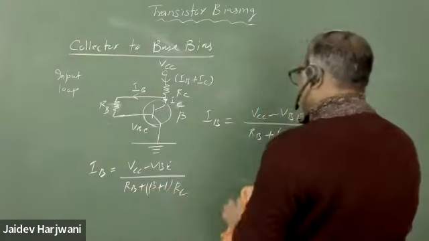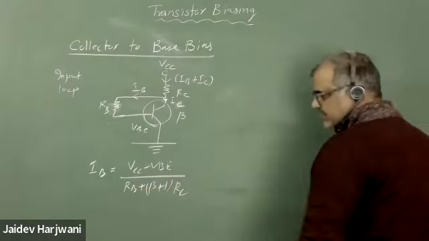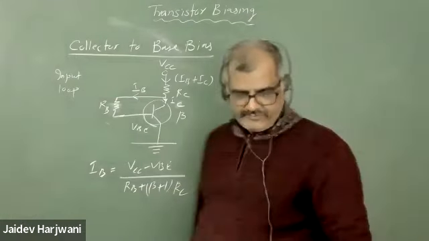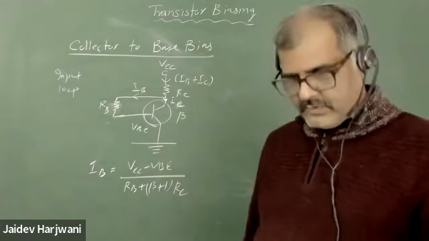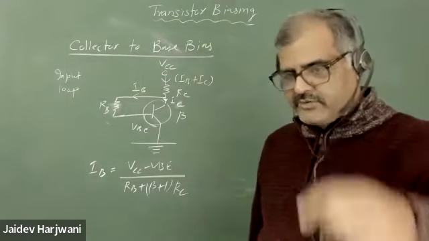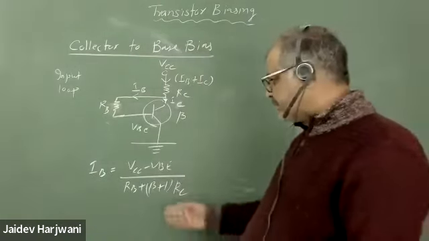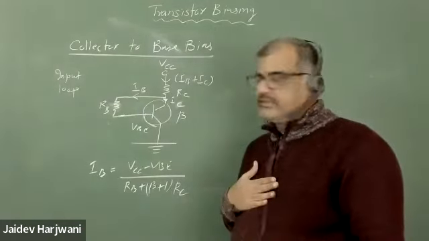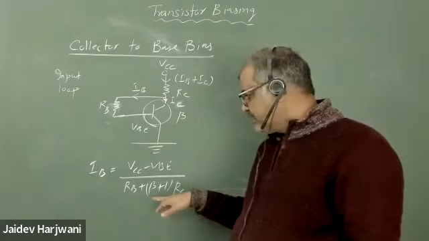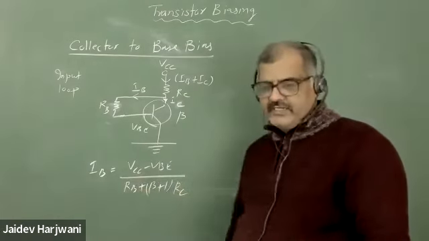Okay. Now, what is the advantage of this circuit? Can anyone tell me? Just look at the expression. Compare with the earlier configuration, earlier fixed biasing. You see now IB also depends on beta.